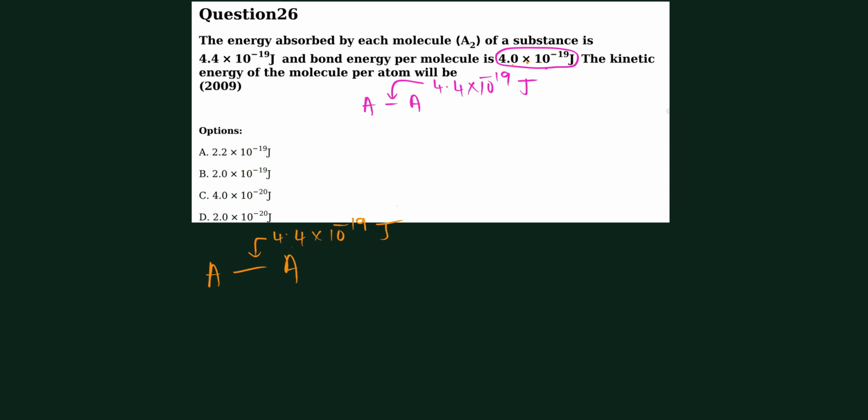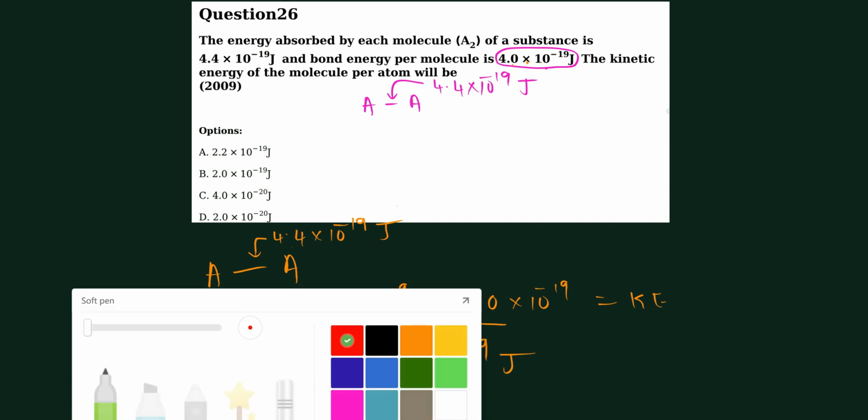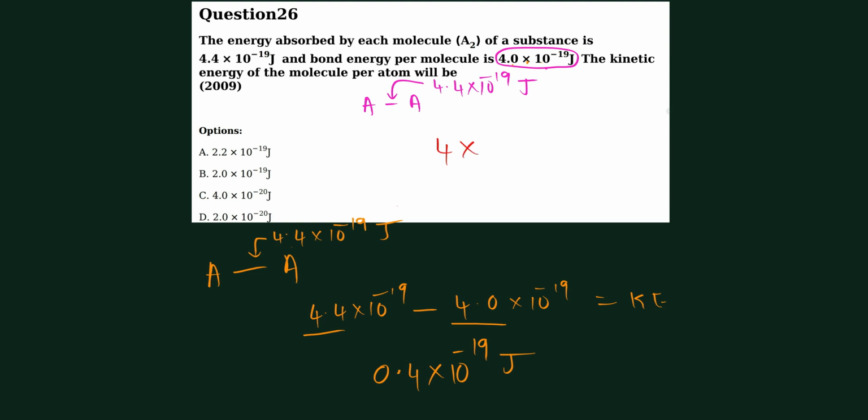0.4 is the excess energy: total energy minus required energy is equal to kinetic energy. So 4.4 minus 4 is 0.4 into 10 to the power of minus 19 joules. How can we write this 0.4? 4 into 10 to the power of minus 20 joules.